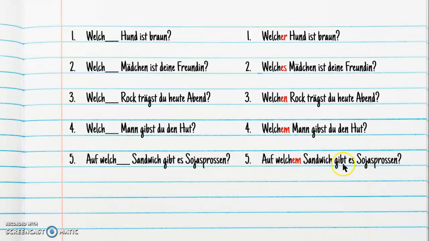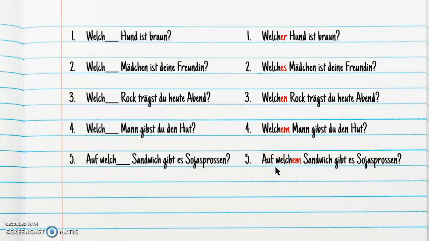So what are there is essentially what I need to ask to figure out my direct object, and that would be soy sprouts. So this is the object. Then even simpler, we have a preposition here, and that makes sandwich the object of a preposition. So on which sandwich, okay?